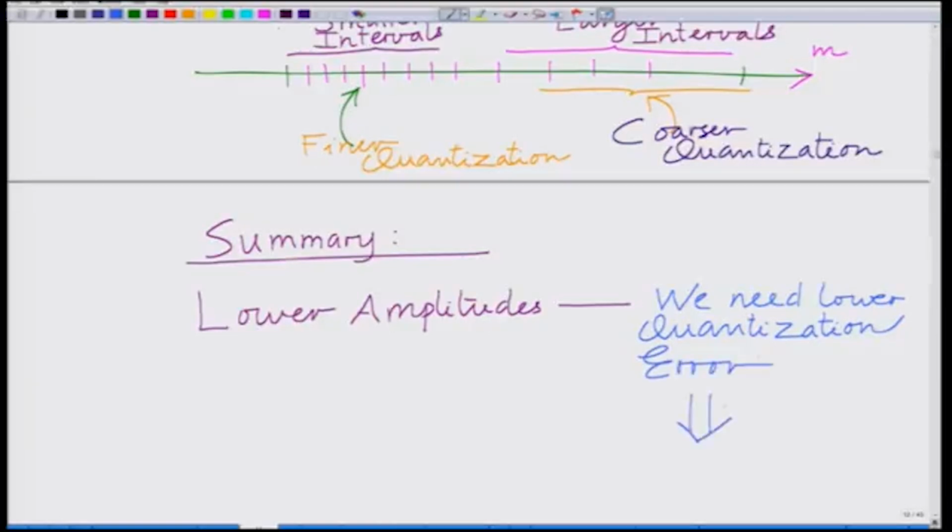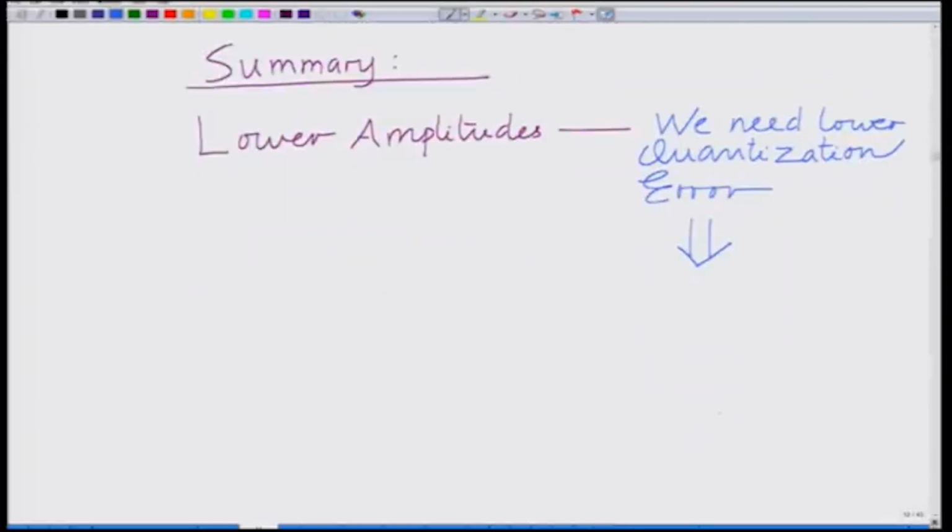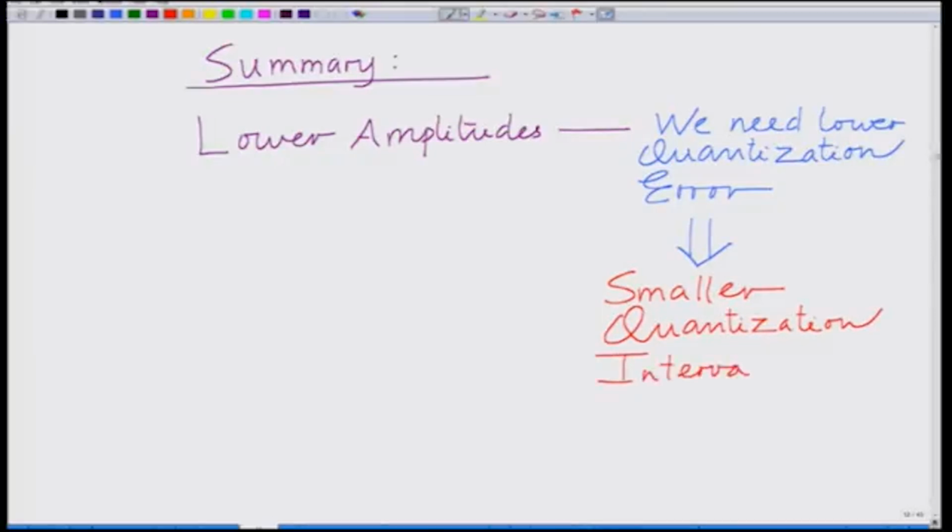This implies lower quantization error implies we need smaller quantization intervals.